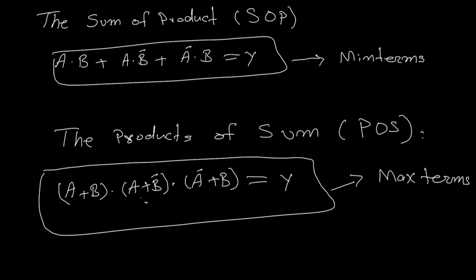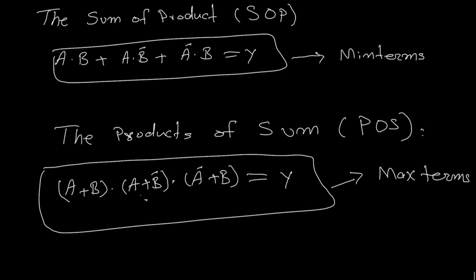Remember, min term will be a sum of products and max term will be a product of sum. We usually just simplify these as SOP and POS to make it easier to correlate what is what. Hopefully this is not that bad.